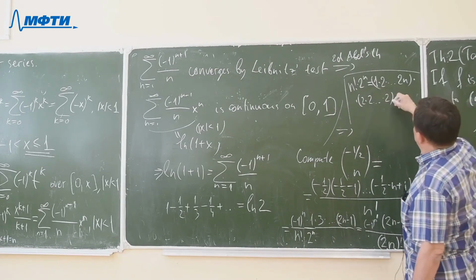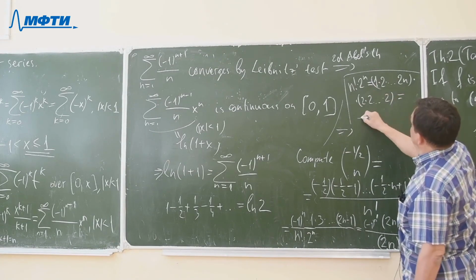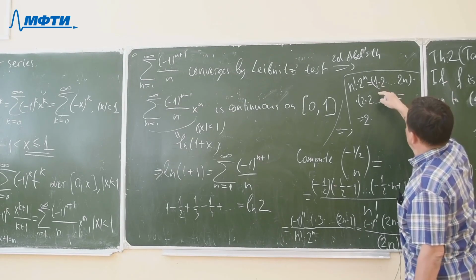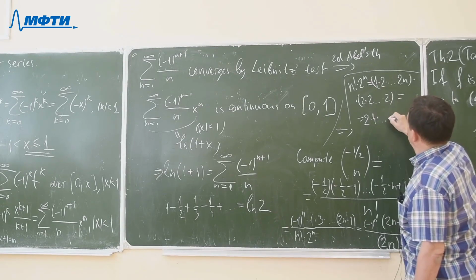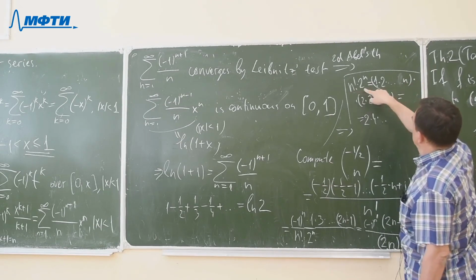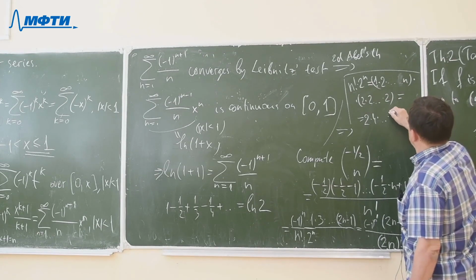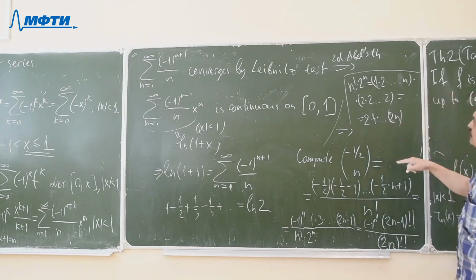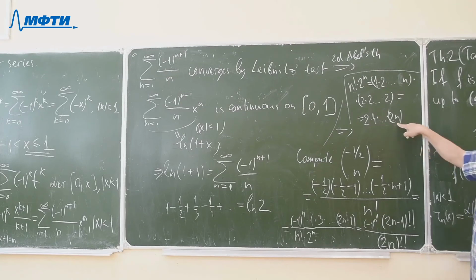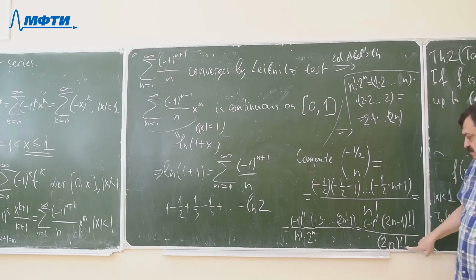And then if we arrange in a different way, 2 times 1 is 2, 2 times 2 is 4, and so on, the last being 2n. So the product of all even natural numbers from 2 up to 2n. That is 2n double factorial.